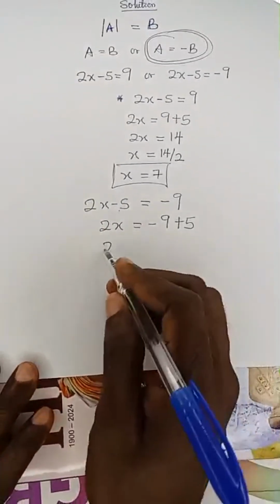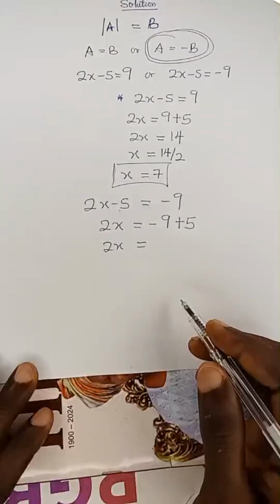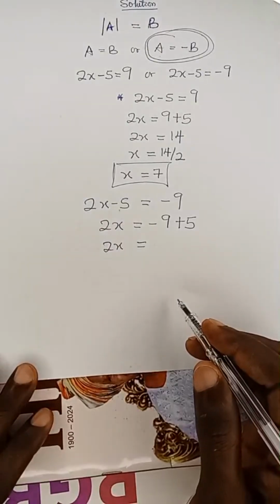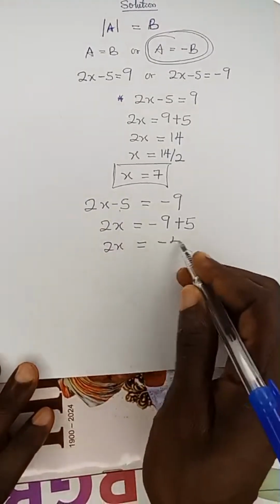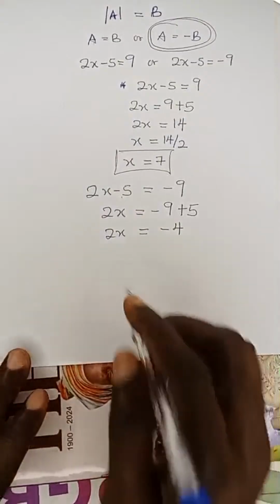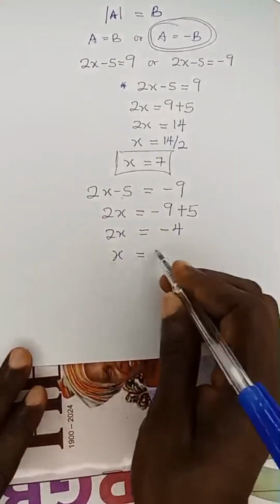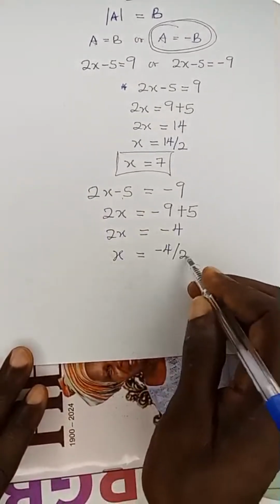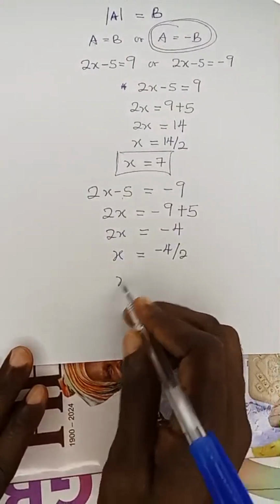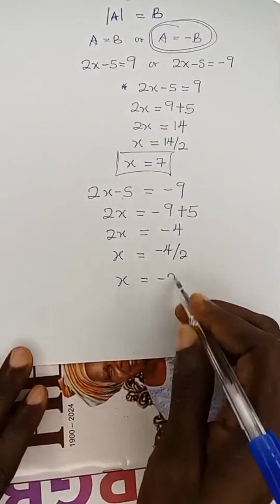Minus 9 plus 5 will give us minus 4, right? Then how do we find x? x now equals minus 4 over 2, and finally x equals minus 2.